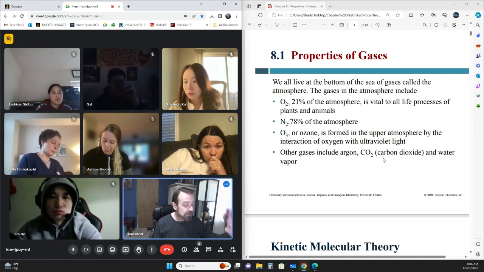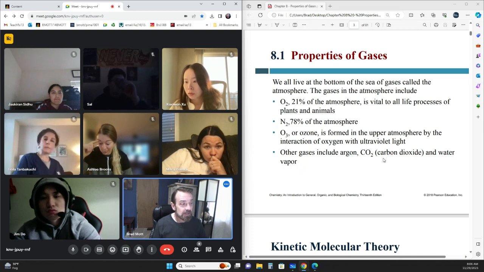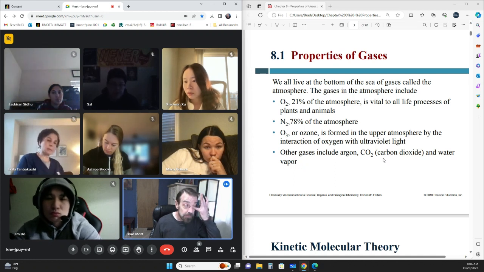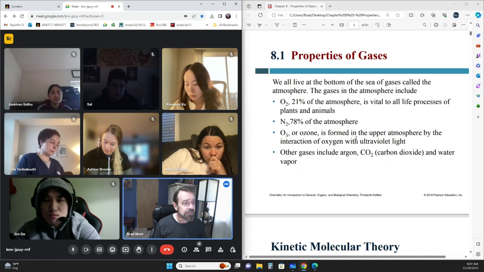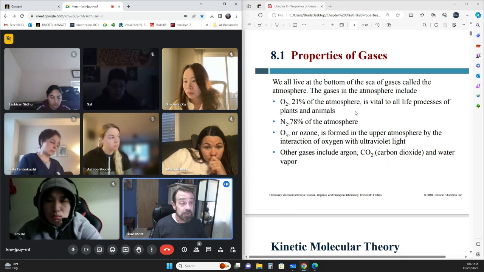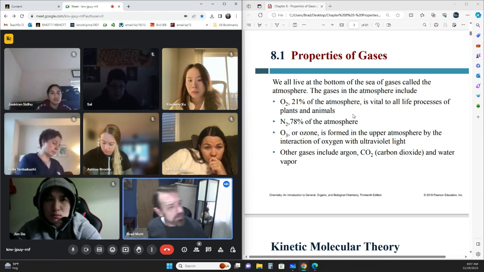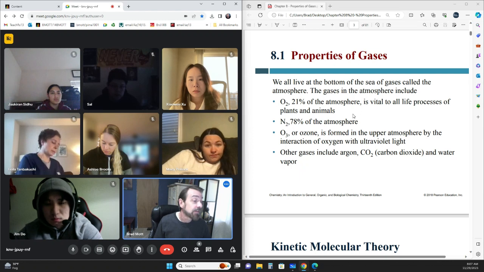So that greenhouse gas, carbon dioxide, doesn't take much of it at all to really affect our temperature on this planet. And throughout the planet's history, these have changed. In fact, we used to have a lot more oxygen in our atmosphere, I think well into the low 30s, maybe 33% oxygen.